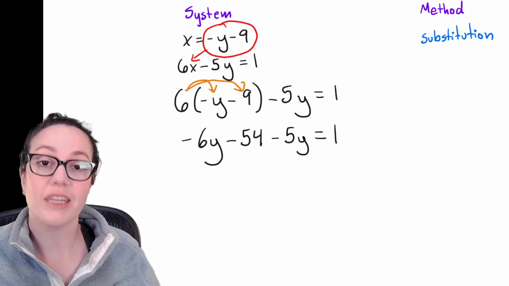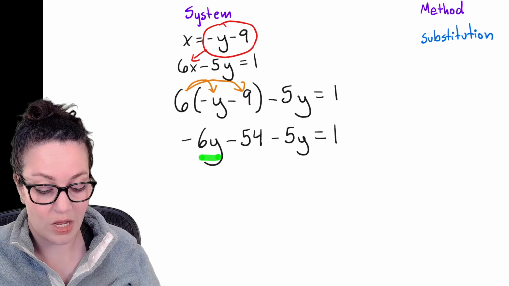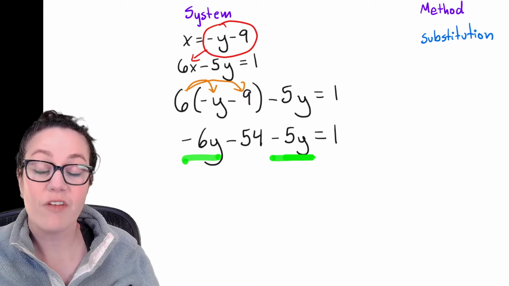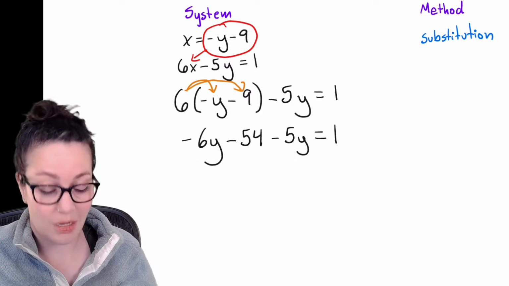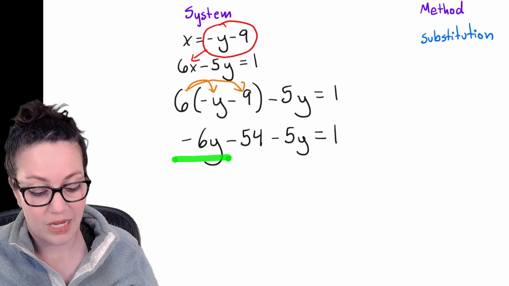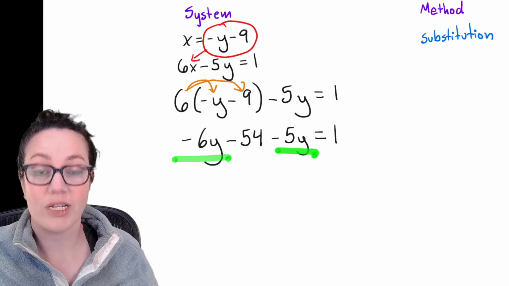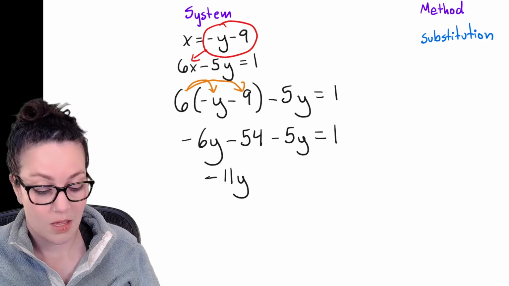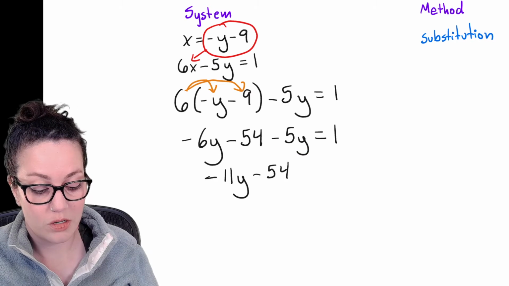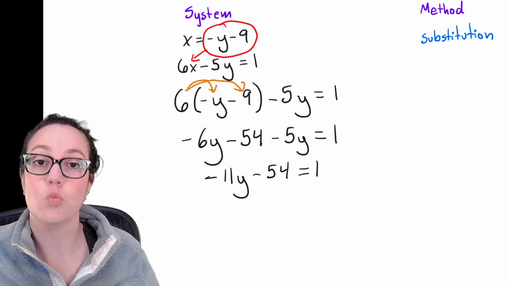Now we can combine like terms. So this -6y and this -5y, those are like terms because they have the same variable to the same power. So -6y and -5y together make -11y minus 54 equals 1, right? I'm changing one thing at a time.